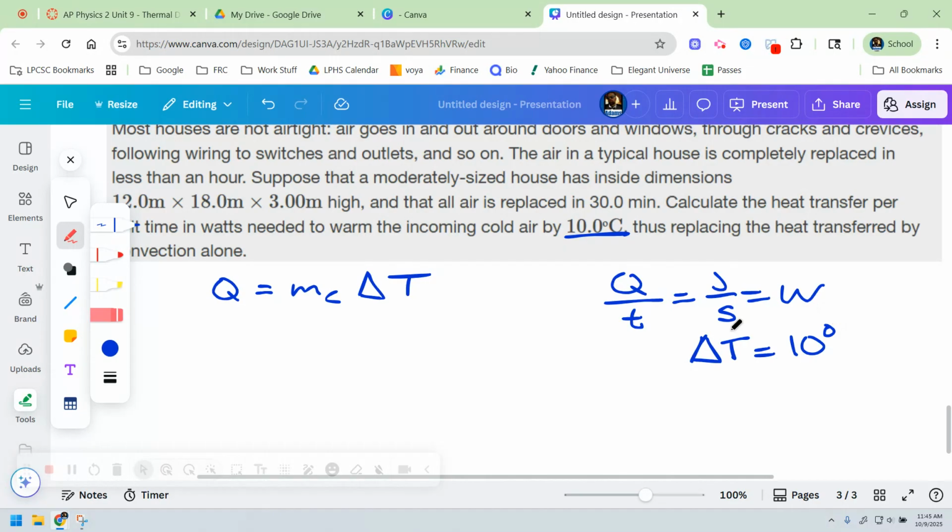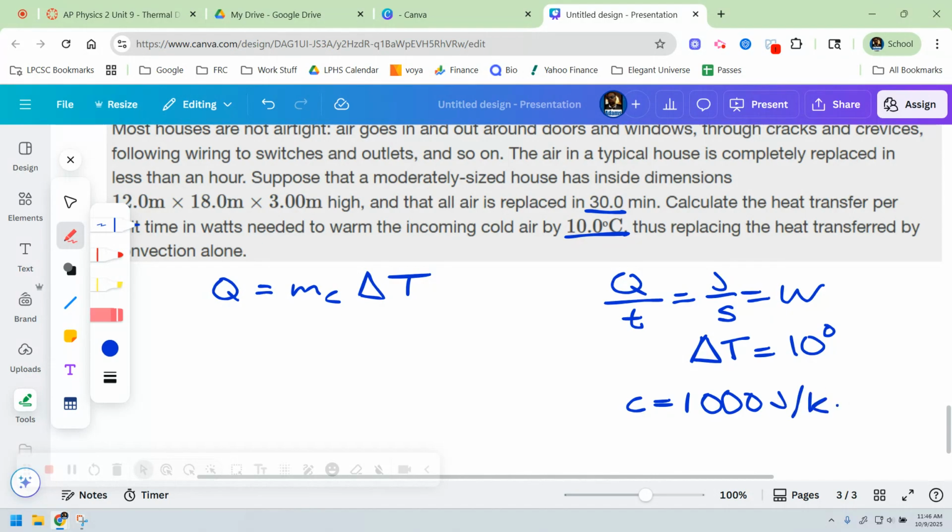We have the time, so I'll have to do some conversions. The time is 30 minutes, and I think that's 1800 seconds. And then lastly, air is mostly nitrogen and oxygen, and so the specific heat is 1,000 joules per kilogram degrees Celsius.